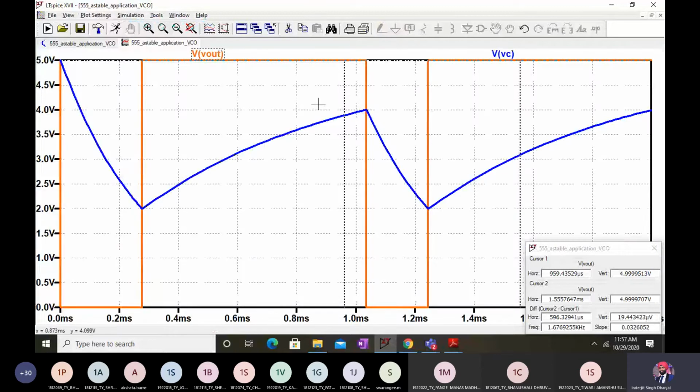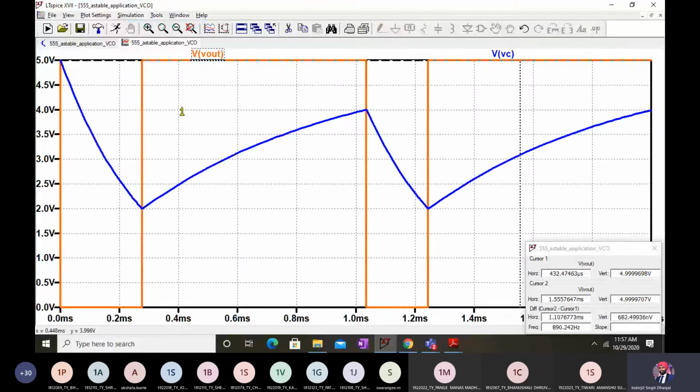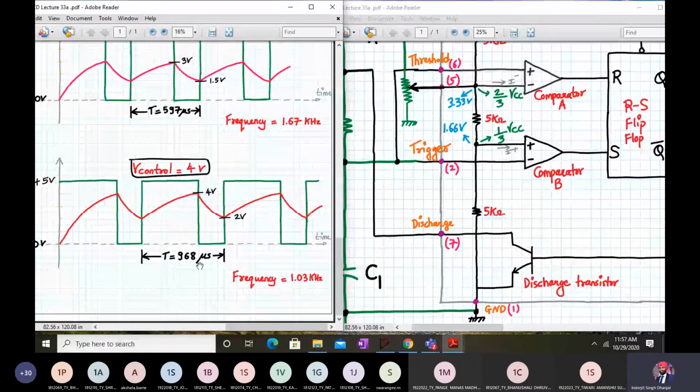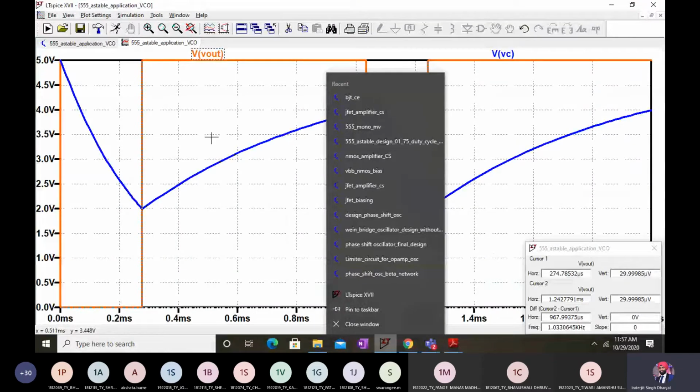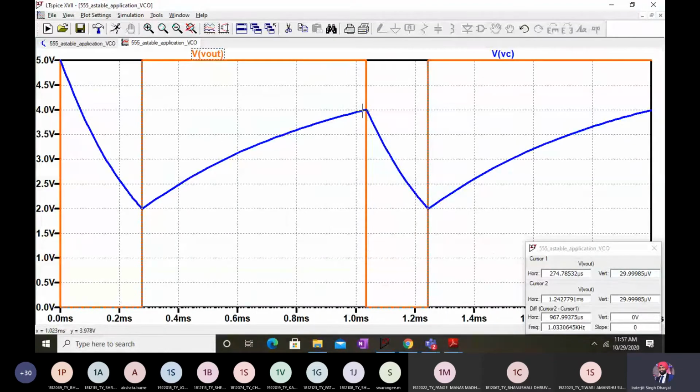Now it's taking even more time for the capacitor to charge. So let me check the total time period over here. It's around 967 or 968 microseconds and 1.03 kilohertz with a control voltage of 4 volt.